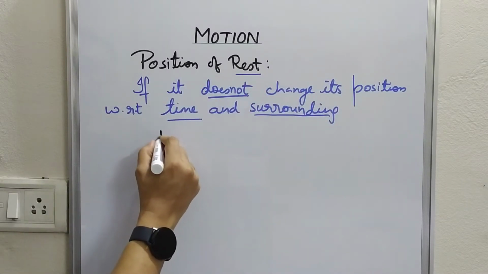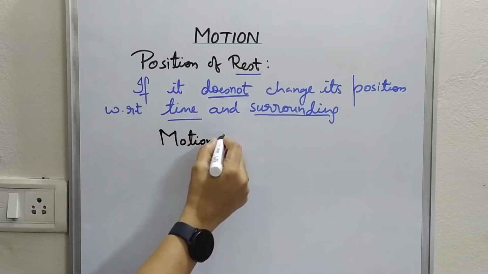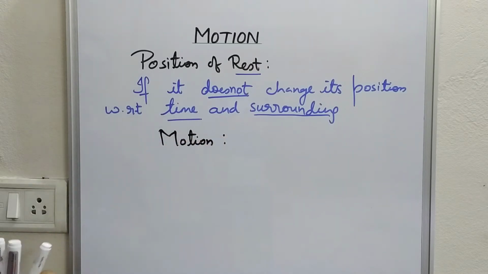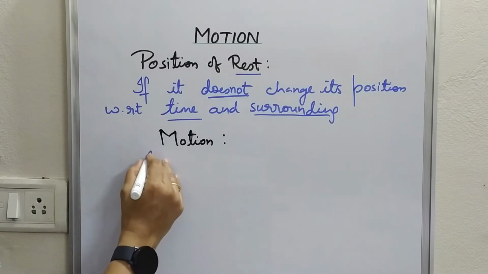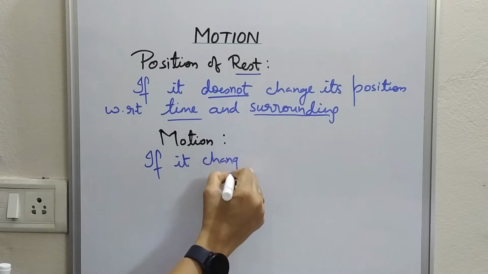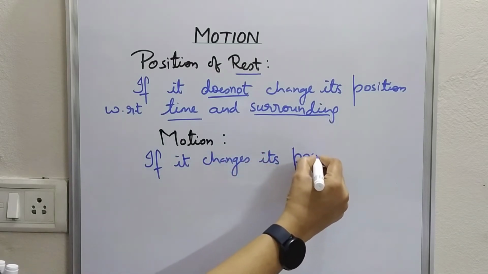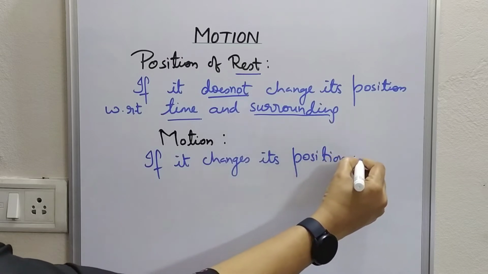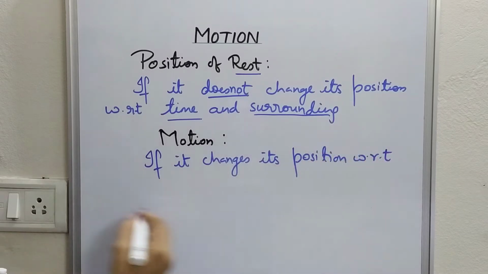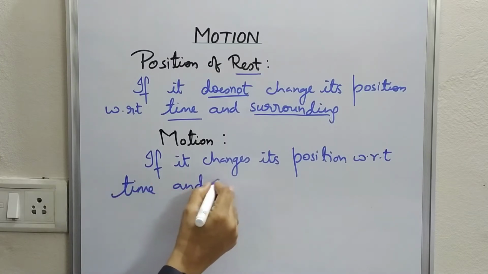And when do we say that a body is in motion? A body is said to be in motion if it changes its position with respect to time and surroundings.